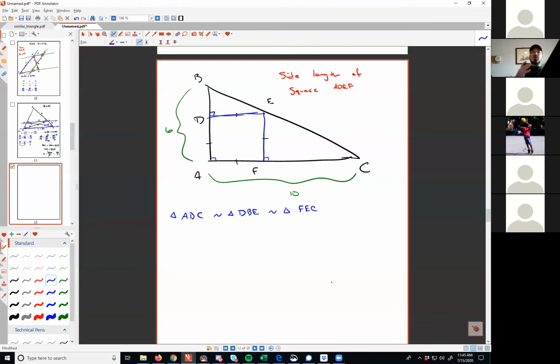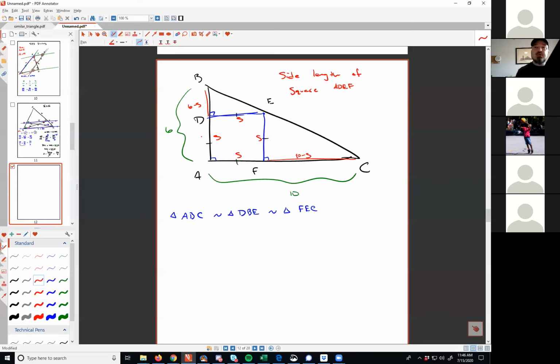Well, let's focus on what it is that we need in this problem. We need the side length of the square. S, S, S, S. But look, 10 minus S, 6 minus S. We have all these different places where we have S.